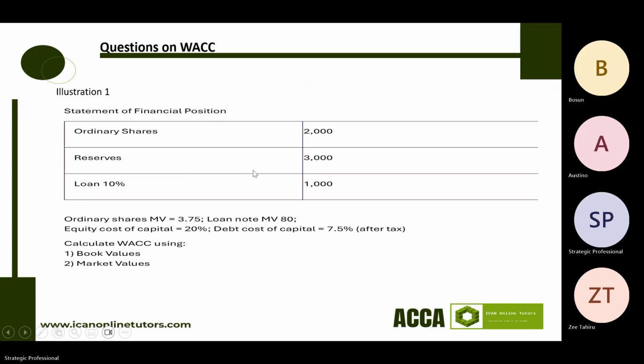Your book value is what is in your books at the moment, historical or whichever way. They said we should calculate based on book value, so all we did was get that from the statement of financial position in getting the book value WACC. Now, how do we get the market value WACC? They've given us in the question that the market value of the ordinary shares is what?